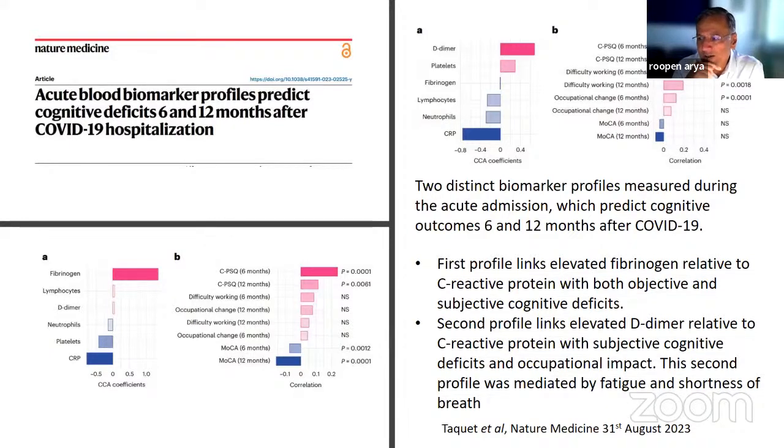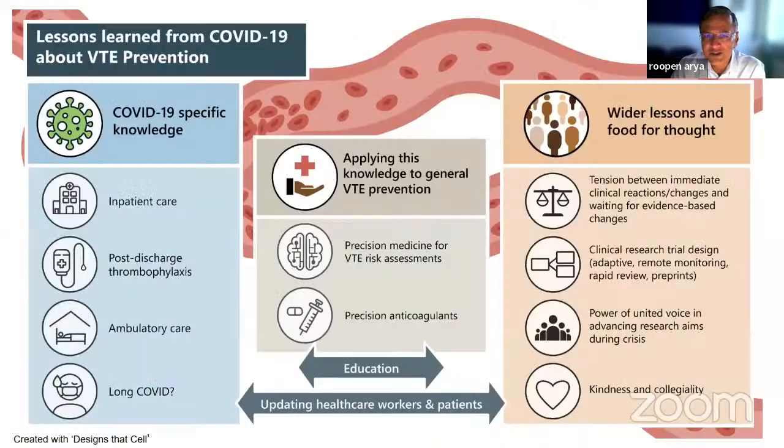The first profile linked elevated fibrinogen relative to CRP with cognitive deficits. And the second profile linked elevated D-dimer relative to CRP to fatigue and shortness of breath. So this is an interesting recent publication. Don't quite know what it means yet.